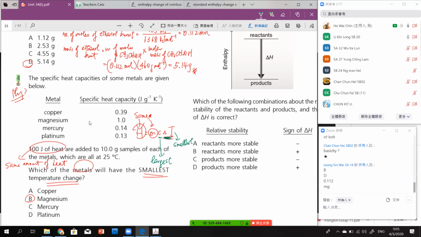So indeed, for those where the heat and mass are the same, delta T and C are in what? Inverse proportion. Can you still remember what that is?